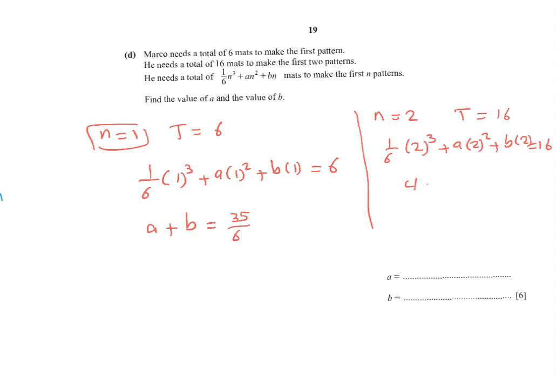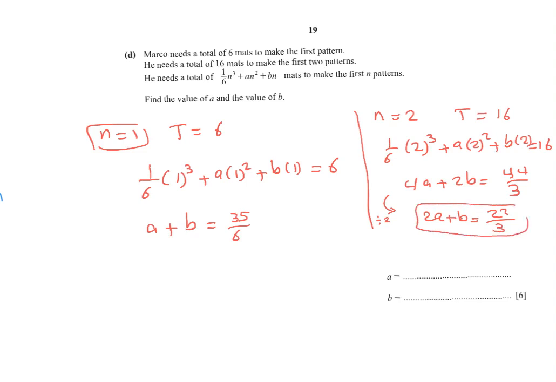Then 4a plus 2b equals 16 minus 8 over 6. If you divide, you get 44 over 3. If you divide by 2, you get 2a plus b equals 22 over 3.